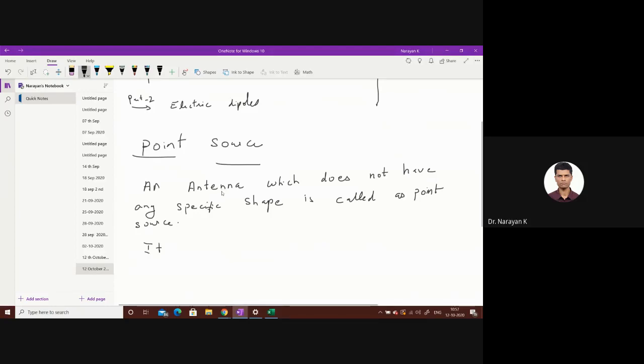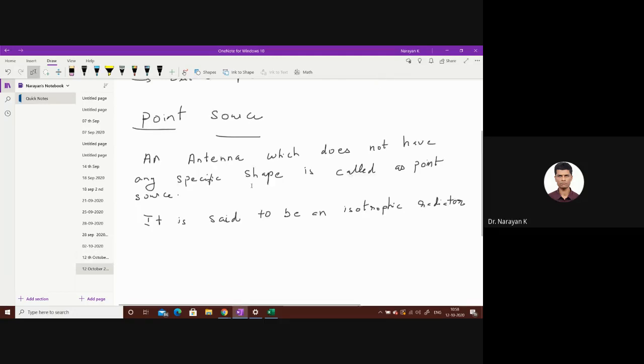It is also said to be an isotropic radiator. Okay, continue.